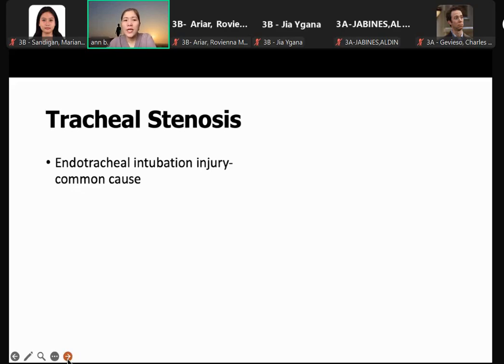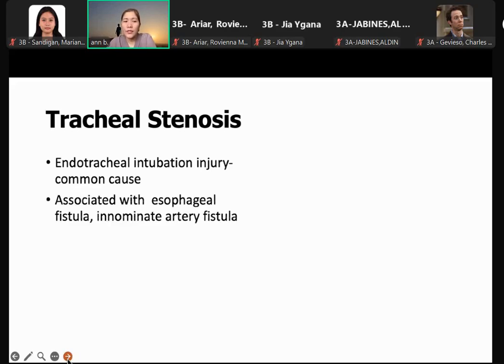With tracheal stenosis, endotracheal intubation is the common cause, usually in patients who suffered from sepsis, CVD or cardiovascular stroke, myocardial infarction, or post-arrest patients who underwent endotracheal intubation. That is the most common cause of tracheal stenosis.